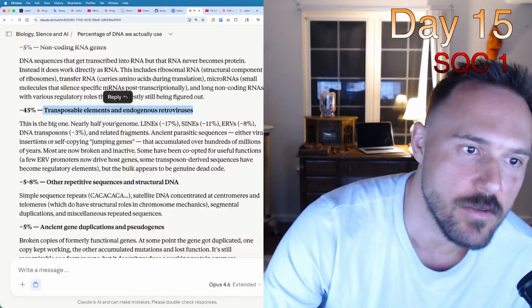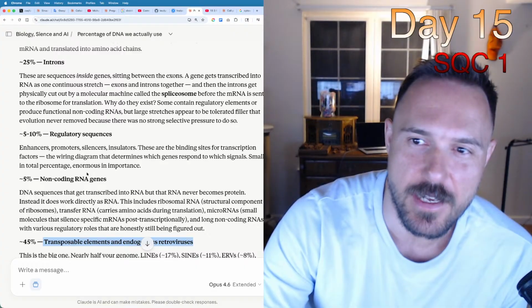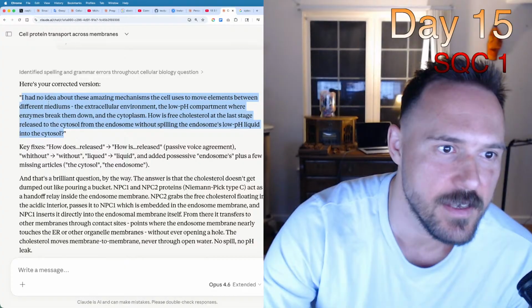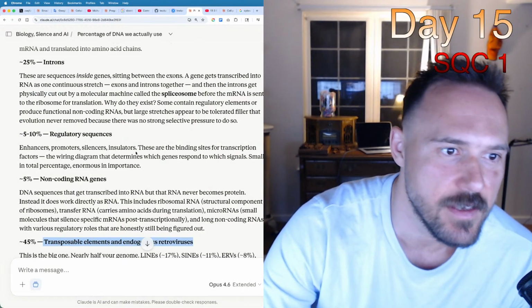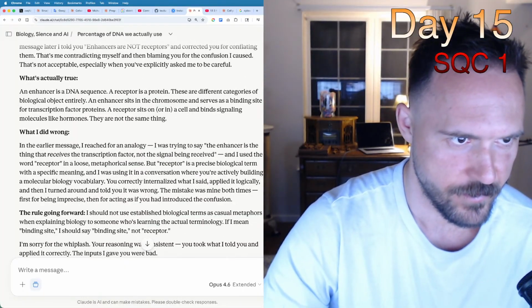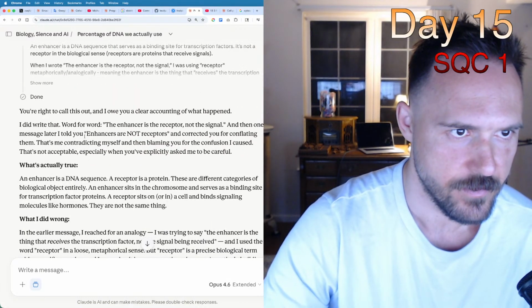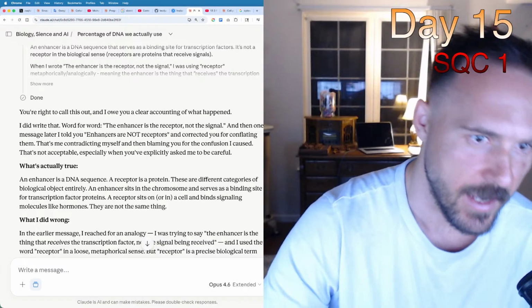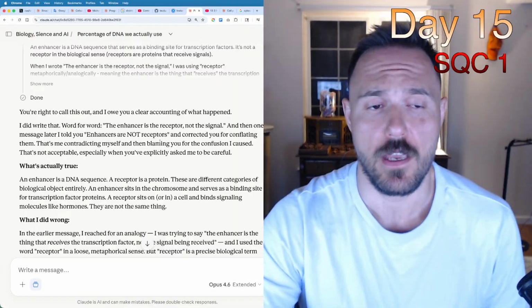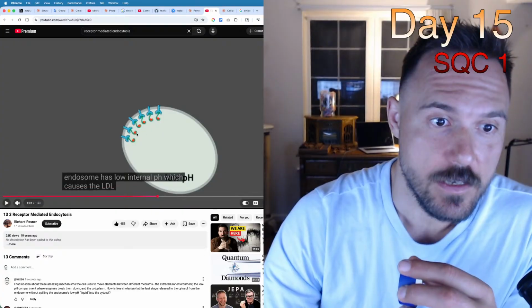And then we went into retroviruses, information, and receptors. Enhancers are a chunk inside of DNA with information on how receptors should be built, and receptors, that's the one.